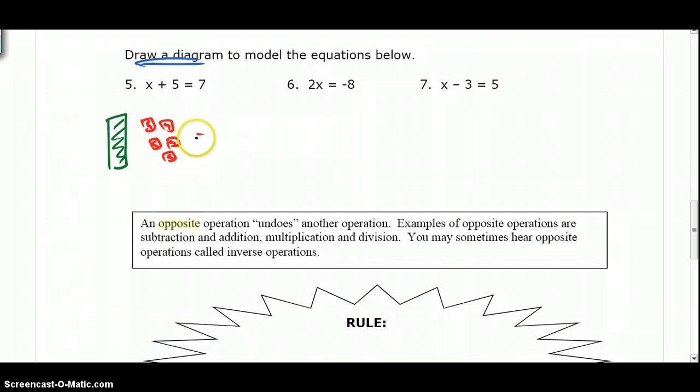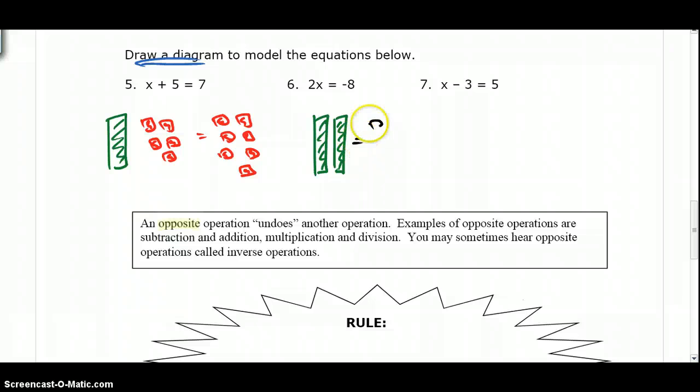And then that's equal to 7. 1, 2, 3, 4, 5, 6, 7. And the next one, we've got 2x. Our coefficient is 2, so we're going to draw 2 of the x tiles, those x rectangles. In this case, they're equal to negative 8. So here's 1, 2, 3, 4, 5, 6, 7, 8.